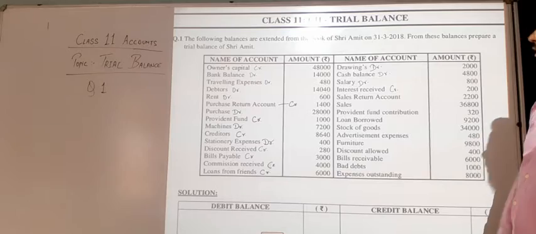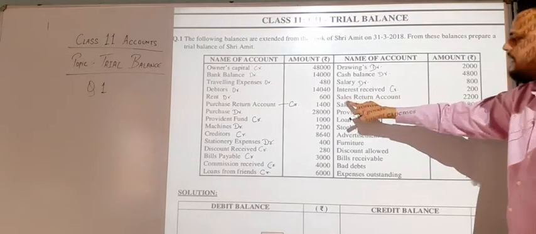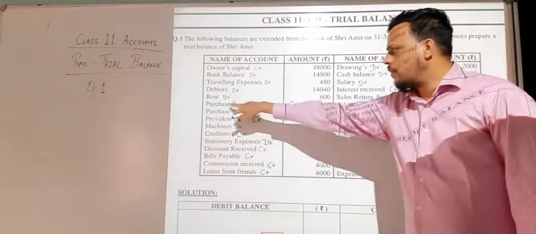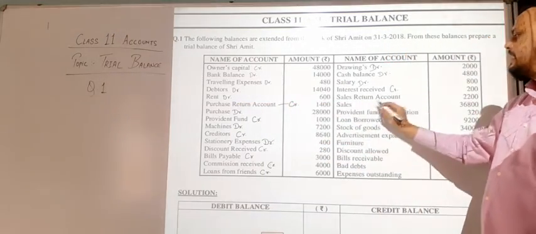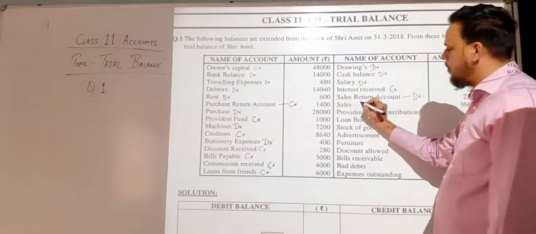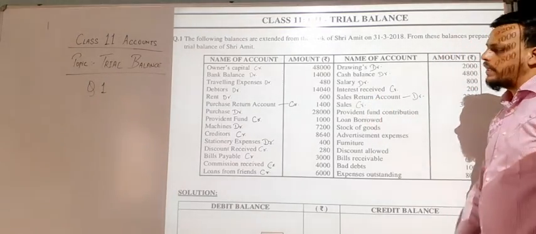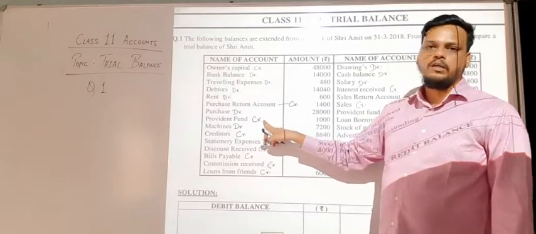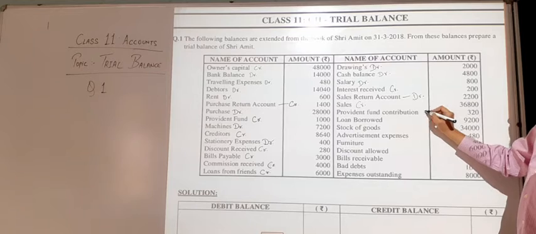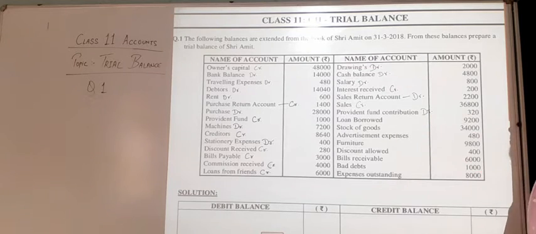The terms must be clear. As you know, purchase return account is credited, then sales return will be debited. Sales will be credited. I already told you provident fund comes under credit, but provident fund contribution comes under debit.